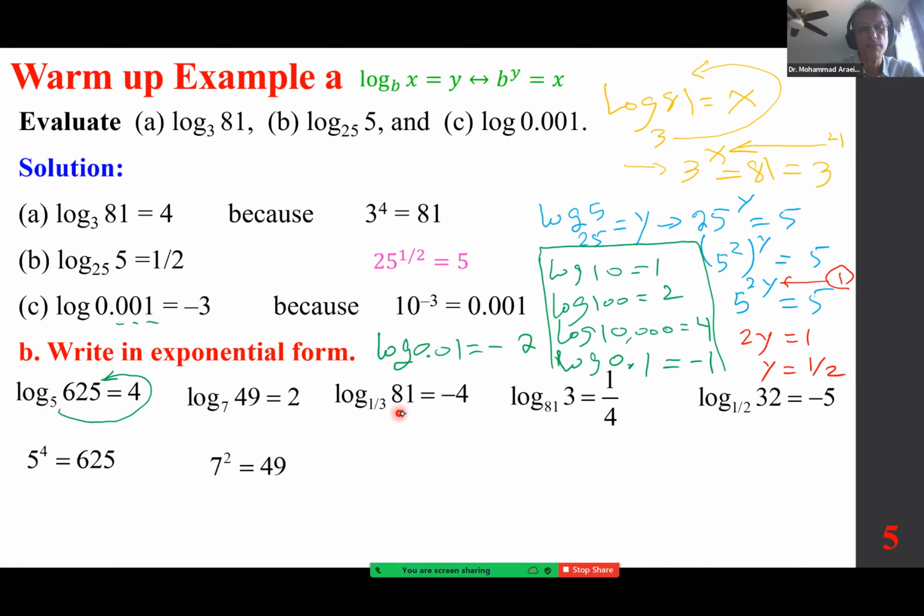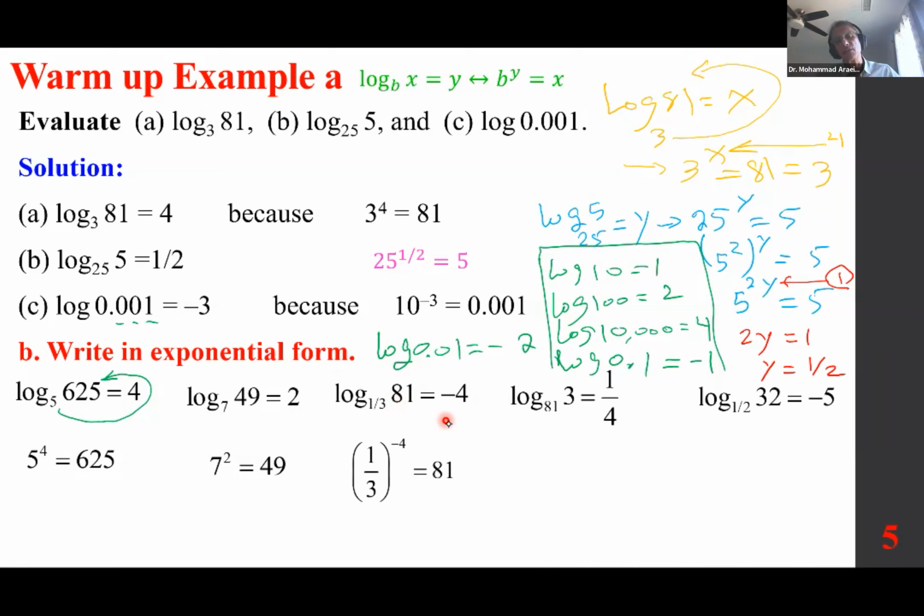How about the next one? Get the arrow. How would you rewrite that in an exponential format? One-third to the power of -4 is 81.